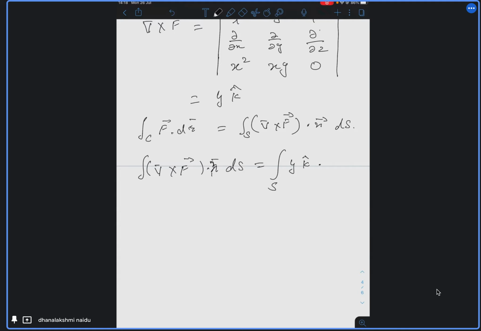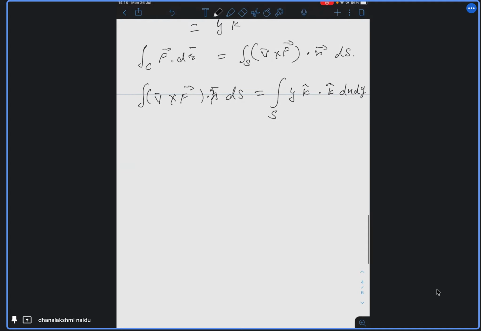You are taking this in the xy plane. So what will be your n bar, tell me? K cap only you are going to get, and ds is dx dy. Okay, understood?